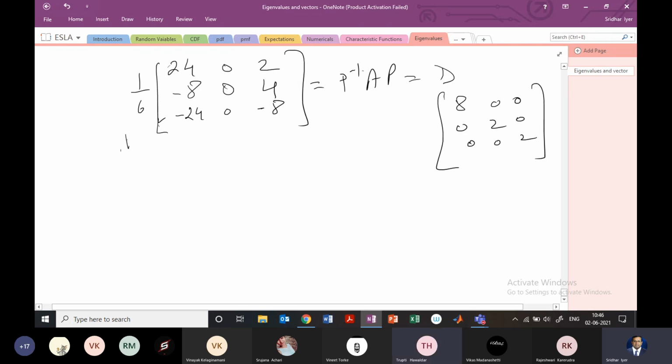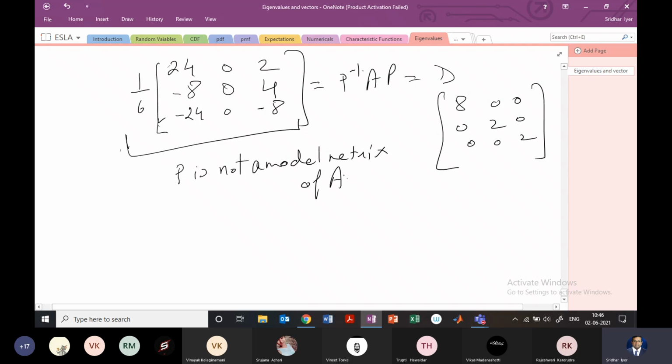So if this is correct, then we can say that P is not a modal matrix of A. That's all. Okay, P is not a modal matrix of A.